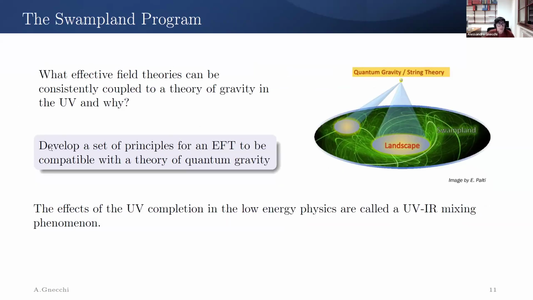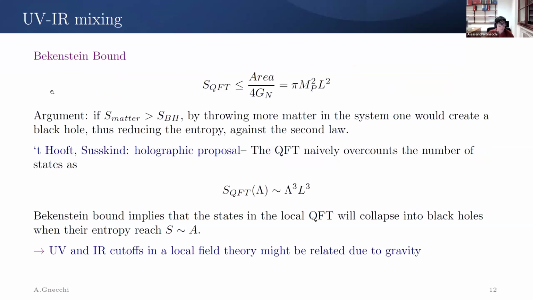So the goal would be to develop a set of principles that we can apply in the EFT to discern whether this low energy theory can be completed to a UV theory of gravity, be it string theory or whatever form a generic UV complete theory of gravity has.